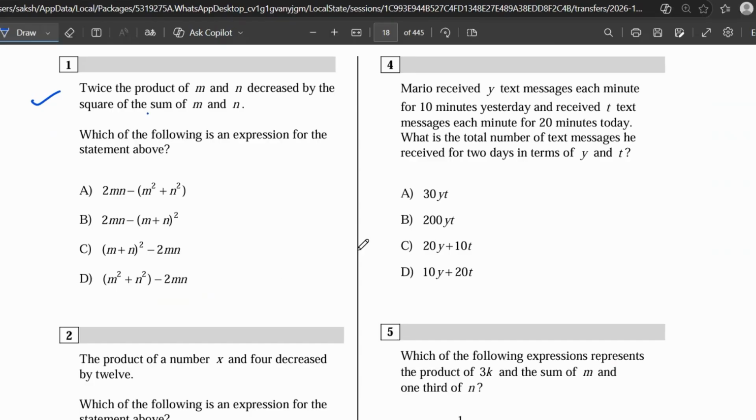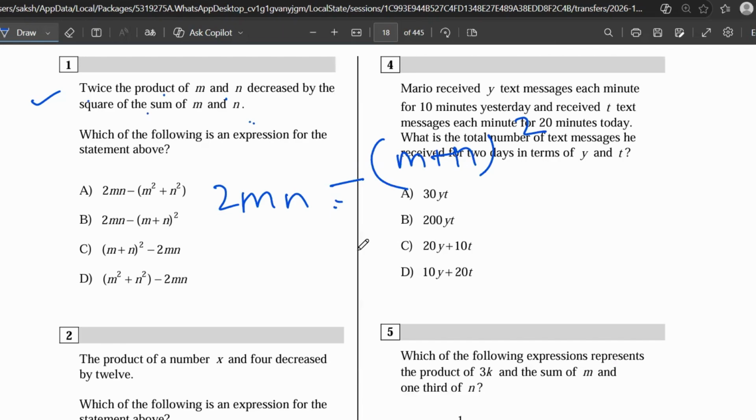Yes. Twice the product of m and n: the product is mn, twice of that is 2mn. Then it's decreased by the square of the sum of m plus n. The sum is m plus n, then the square of this, and decreased by means minus. So it is 2mn minus (m plus n) squared.